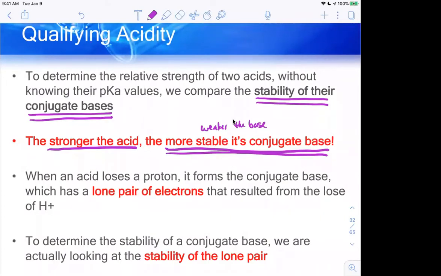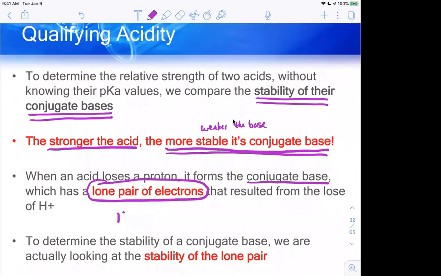That's consistent with the fact that the stronger acid is going to give me the weaker base, which is going to be more stable. So when an acid loses that proton and forms that conjugate base, basically I have a lone pair of electrons that is left because what I lost was H+.